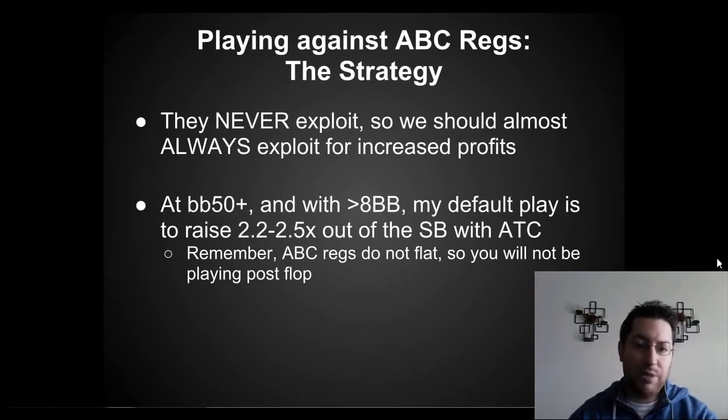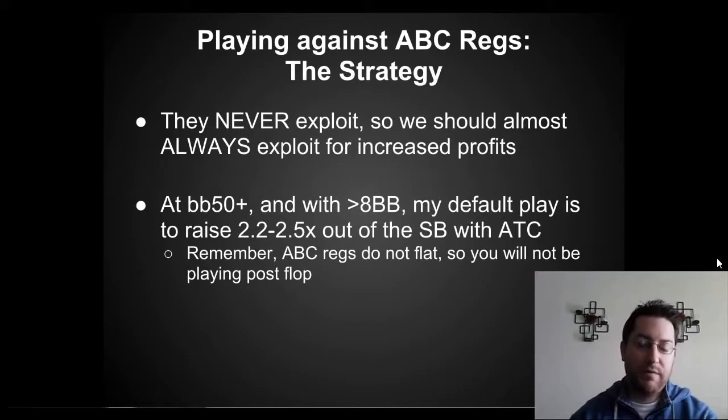once we get to the big blind 50 area plus, so we're at 25/50, 50/100, and with greater than 8 big blinds or more, my default play is to raise 2.2 to 2.5x out of the small blind with any 2 cards.